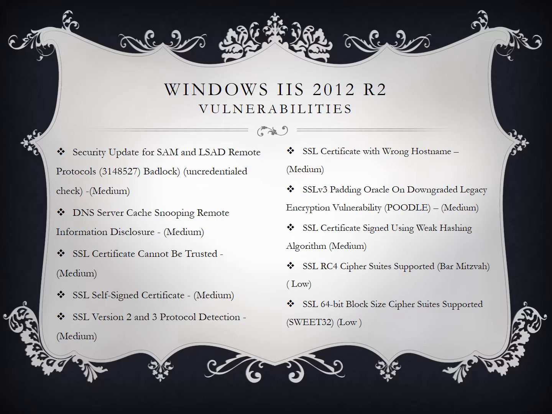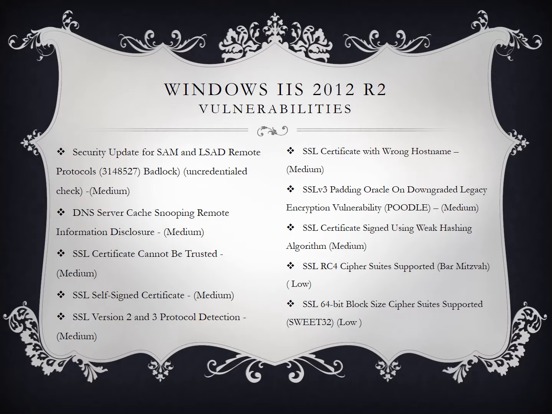And of the medium vulnerabilities, we have the security update for SAM and LSAD remote protocol, Badlock, uncredentialed check, and that is medium. And we also have DNS server cache snooping remote information disclosure, which is also a medium vulnerability.